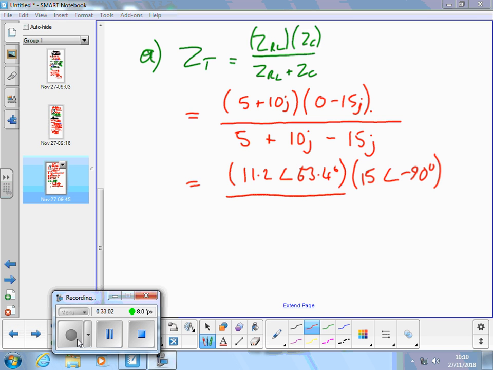And then this bottom line is 5 plus 10 minus 15, that's 5 minus 5J. When we convert that to polar form, we get 7.07 angle minus 45 degrees.